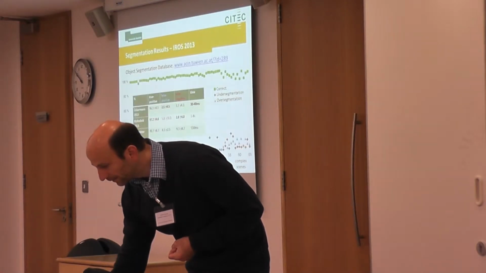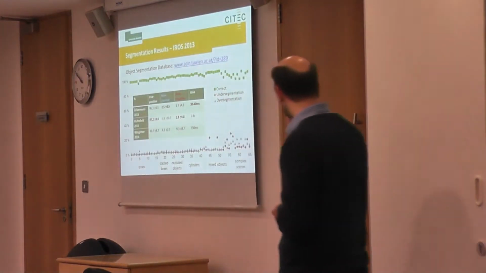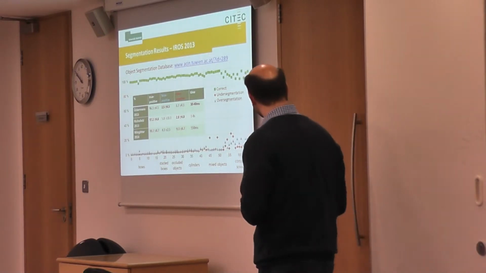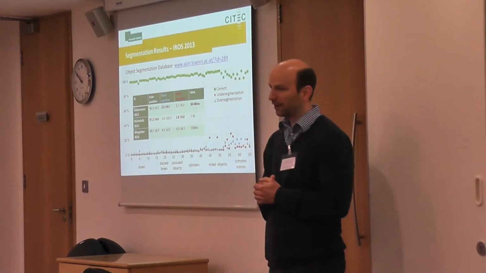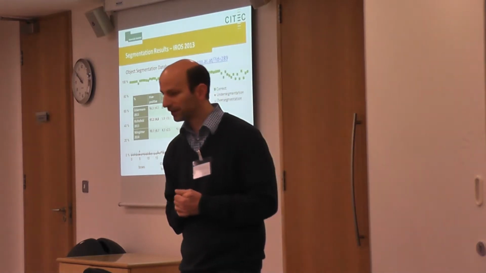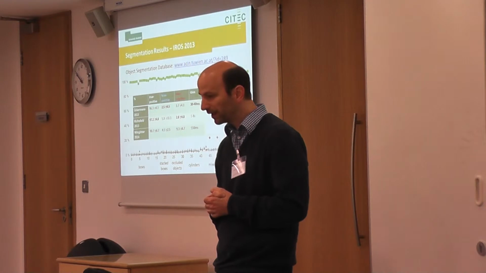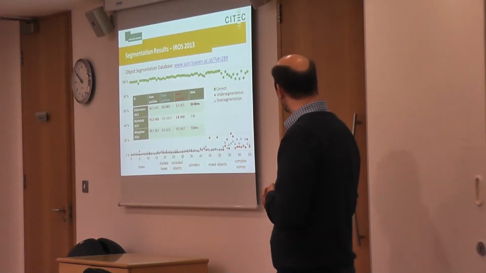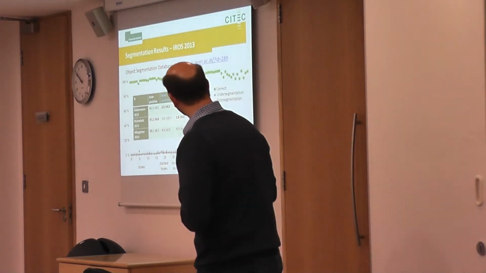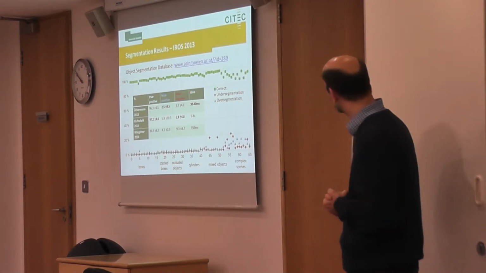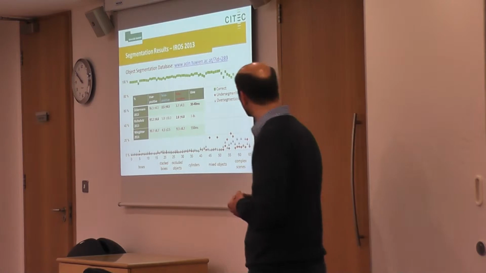So looking at the results, there's a nice 3D segmentation database provided by Markus Lynch's group and Tiovina. And as you see from these results, we have very competitive segmentation results, 96% correct segmentation.